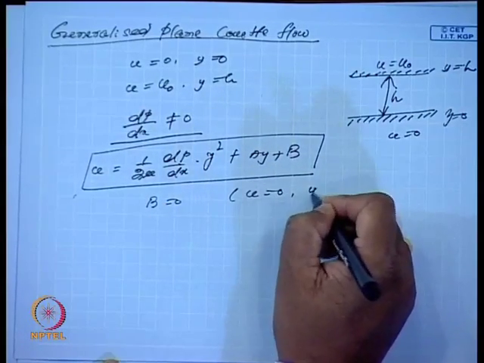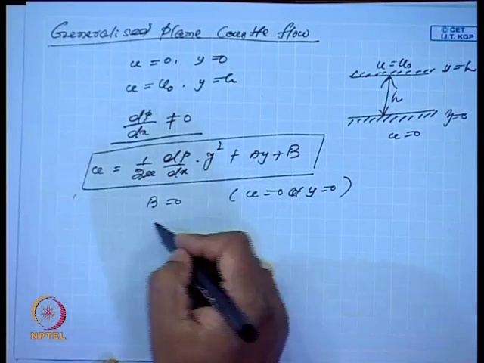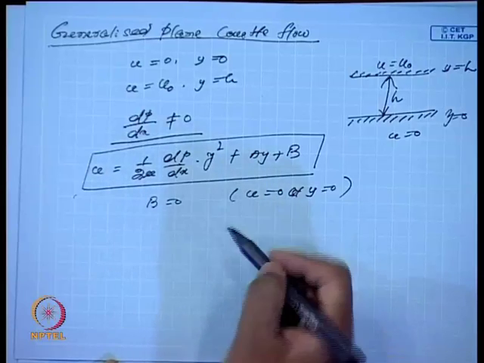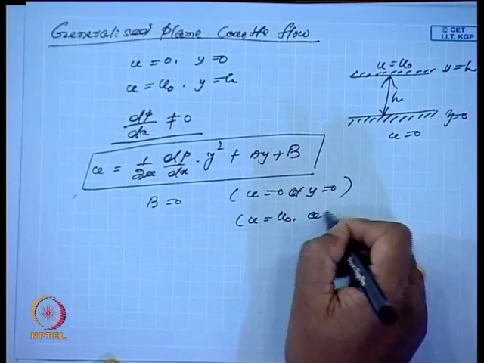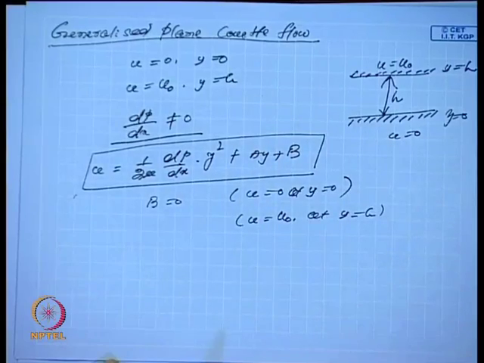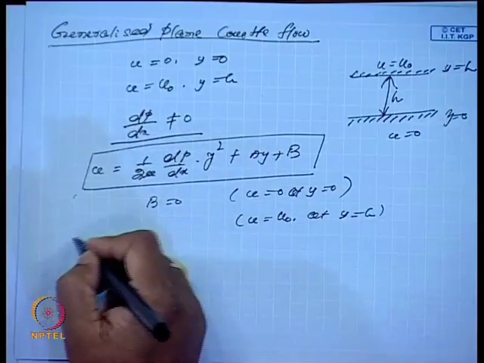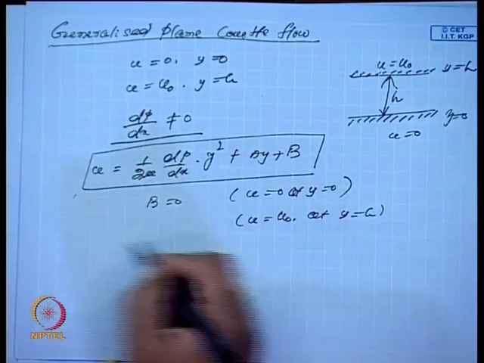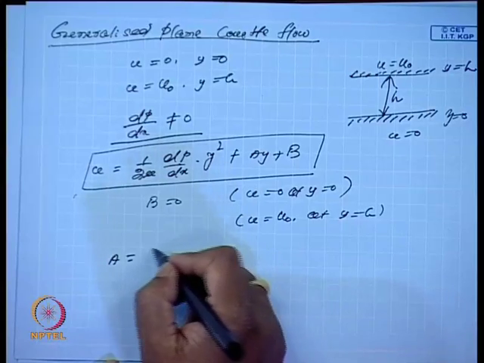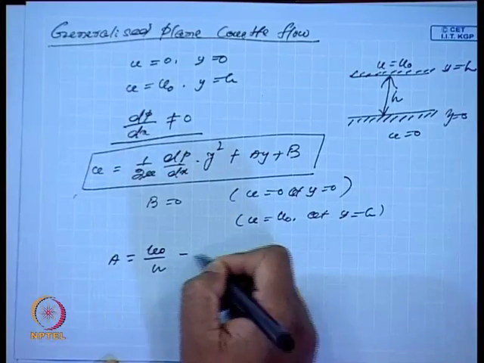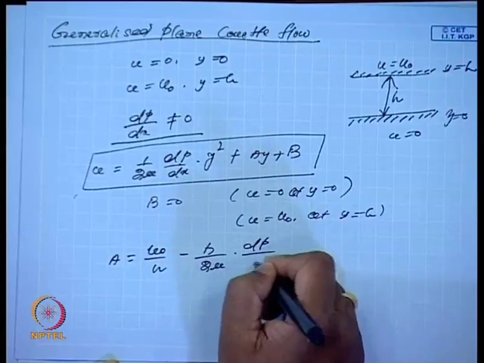u is equal to 0 at y is equal to 0 gives us b is equal to 0. Then if you substitute u is equal to u naught at y is equal to h, that will give a as u naught by h minus h by 2 mu into dp by dx.